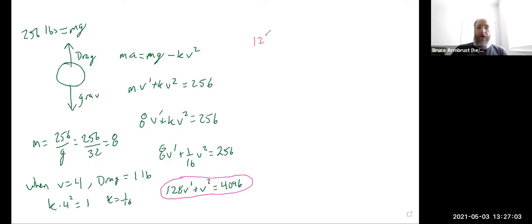If we just do a little bit, we get 128 v prime equals 4096 minus v squared. So we get 128 over 4096 minus v squared equals 1. So that one's separable. And now we can integrate both sides.